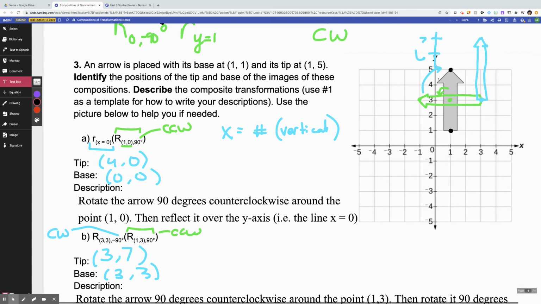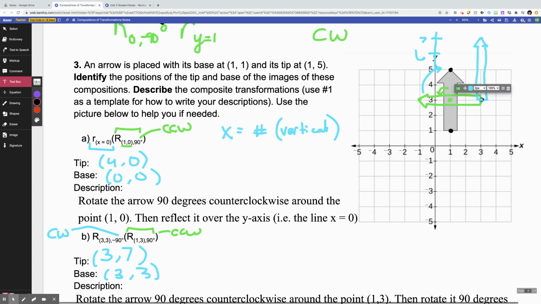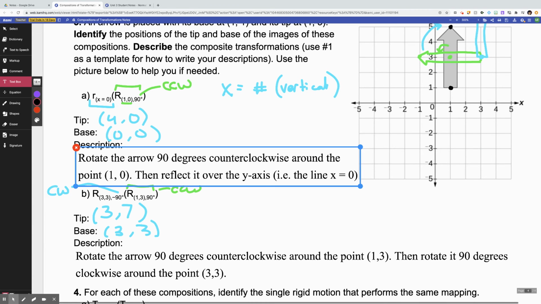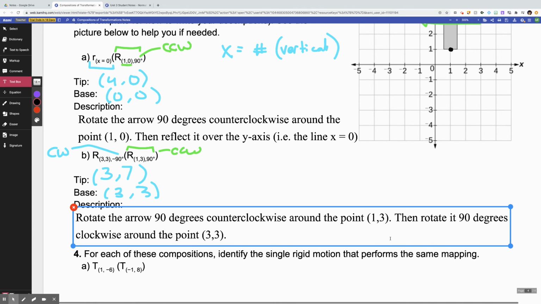Rather than going back where it was, it's moved because we're swinging around a different coordinate point. So my base is at the point 3, 3, and the distance between the base and the tip still has to be 4. So 3 plus 4 is 7. I had to extend my axis here to get the tip at 3, 7. And then there's my description.